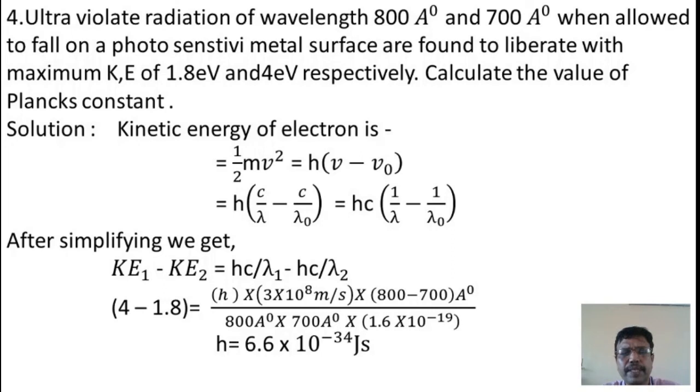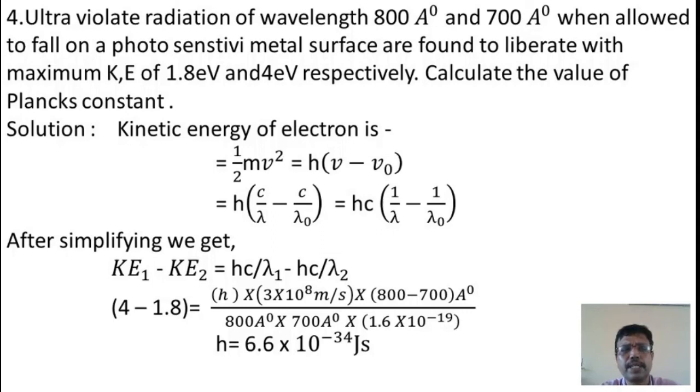If we simplify this, we get kinetic energy 2 minus kinetic energy 1 is equal to hc by lambda 2 minus hc by lambda 1. Simplify and substitute: 4 electron volt minus 1.8 electron volt. Convert into joule, the electron volt value is 1.6 into 10 power minus 19 joule.